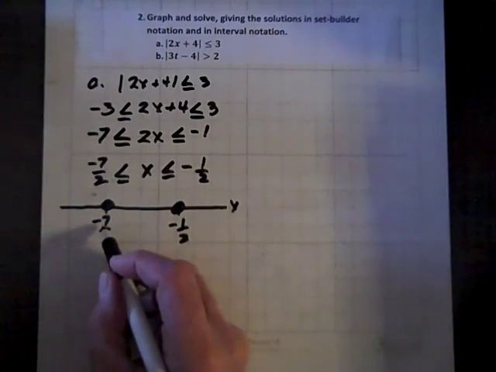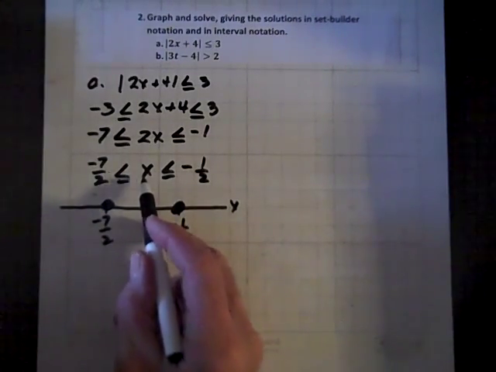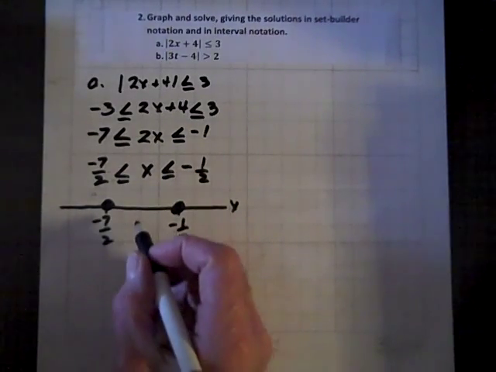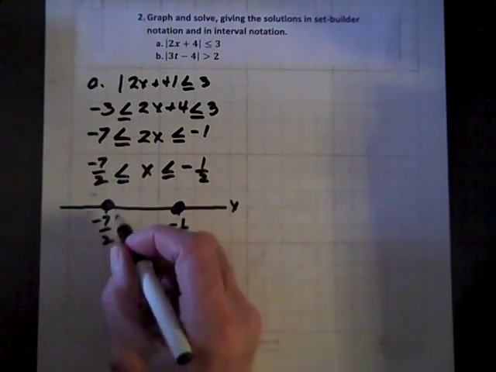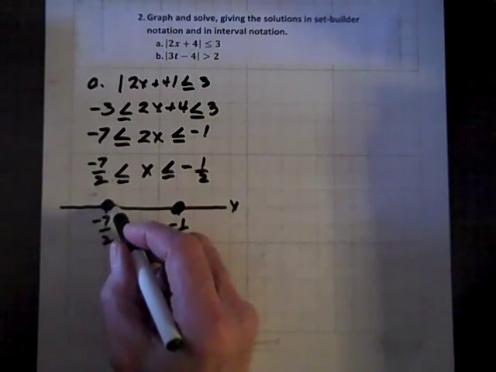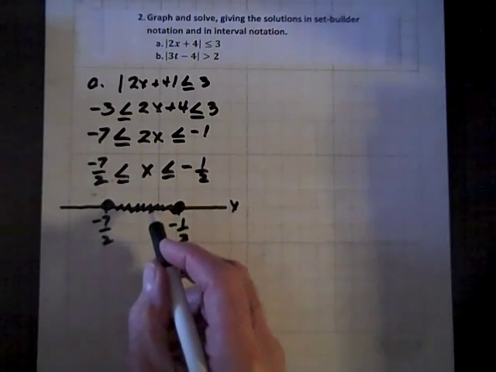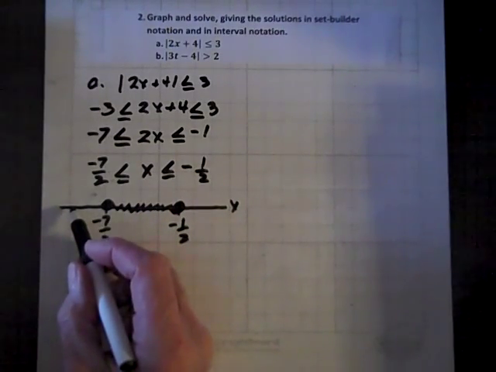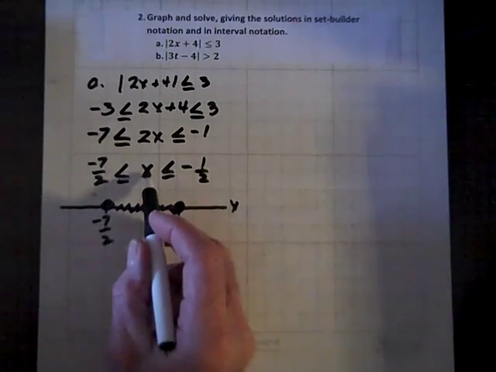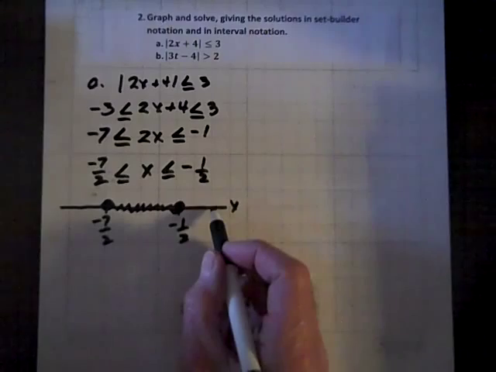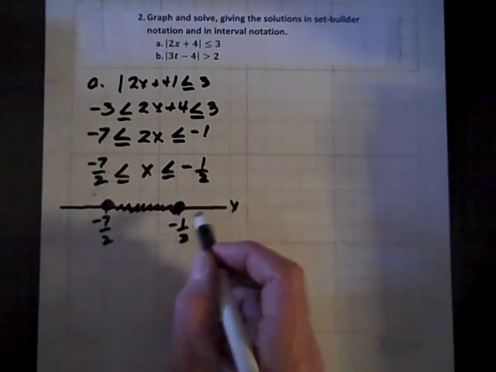Now -7 halves is less than -1, and -1 is less than -1 half. So if one point in an interval works, then every point in that interval works, and we can shade that region. If we pick a point in this interval, such as -1000, it will not satisfy that inequality, nor will a point in this interval such as 1000 satisfy it.